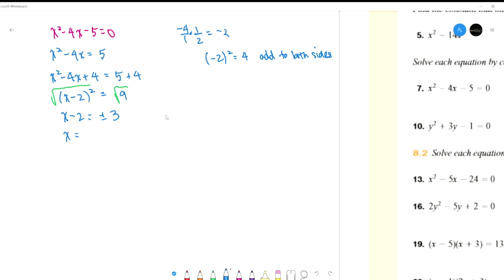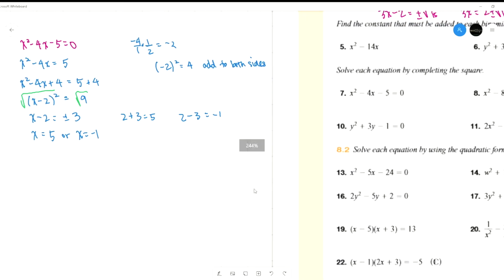We get 2 plus 3 equals 5, and 2 minus 3 is equal to negative 1. So I'm going to write x is equal to 5, or x is equal to negative 1. Two solutions. So that was number 7.